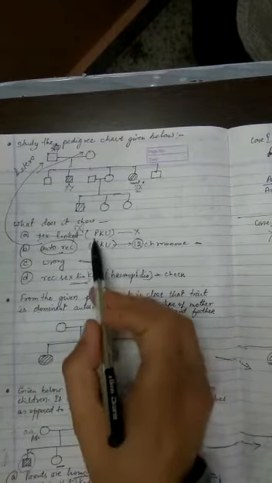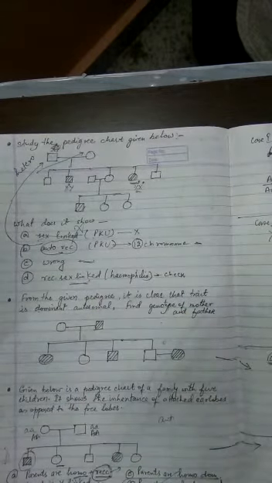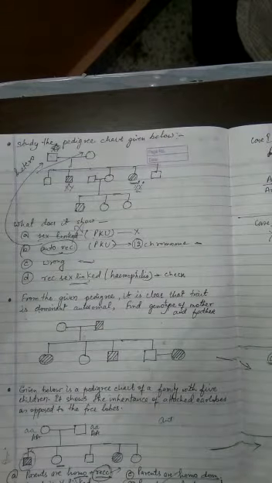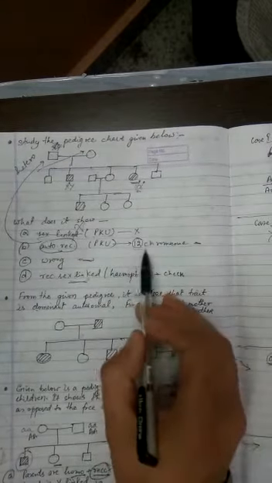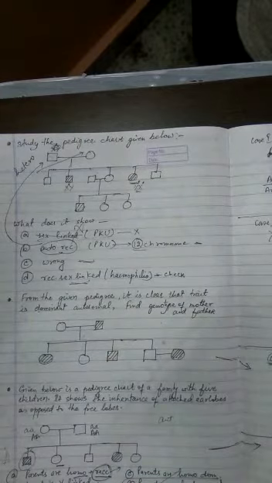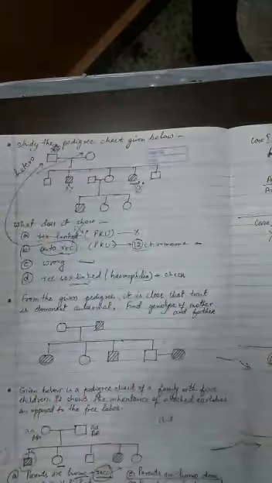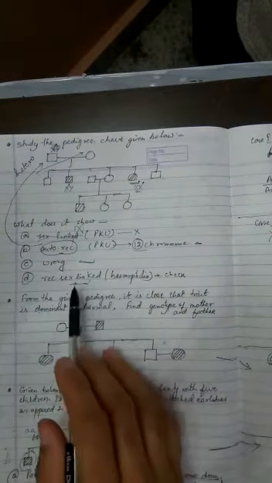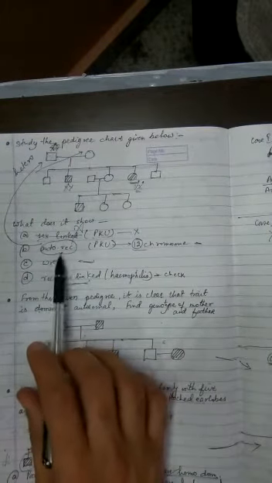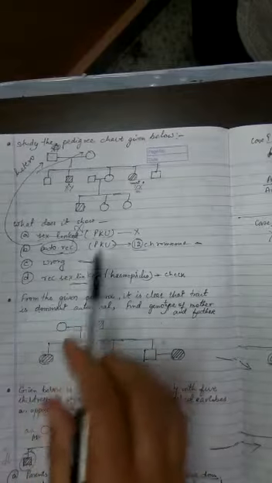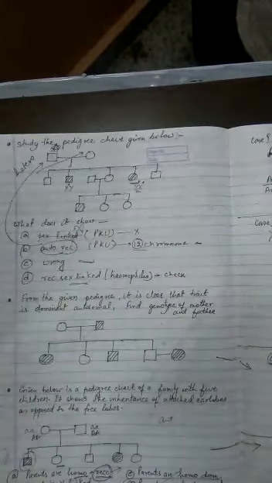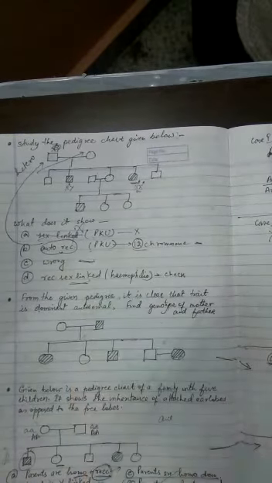Another point, PKU, phenylketonuria, is basically not a sex-linked character. It is controlled by the 12th chromosome, or you can say the autosome. Now, next concept. Maybe this whole statement is wrong. We will work that out. Second statement, third statement possible is autosomal recessive, and the character they are talking about is PKU.